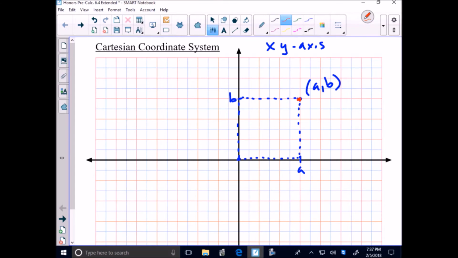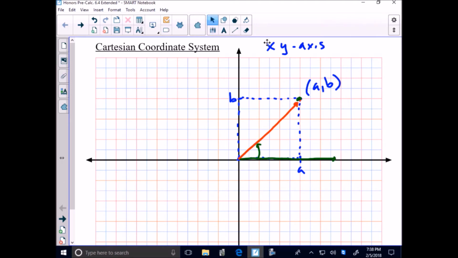Now with the polar plane, what we're doing is defining a point's position with a rotation from standard position in the direction of the point, and then a direct distance to the point, right? So looking at this point right here, we would say that the polar coordinates that define the point would first be a rotation in the direction of the point, and then a direct distance to the point.